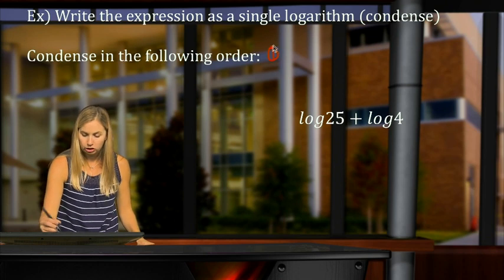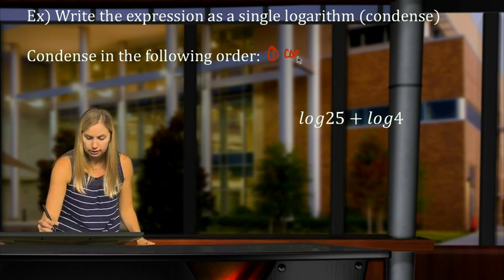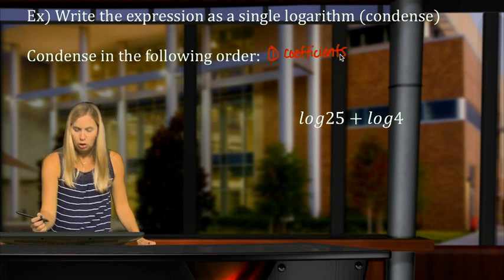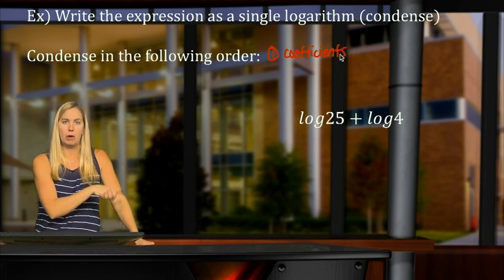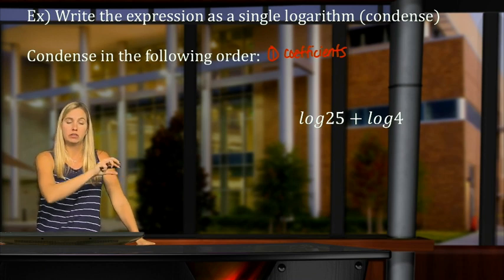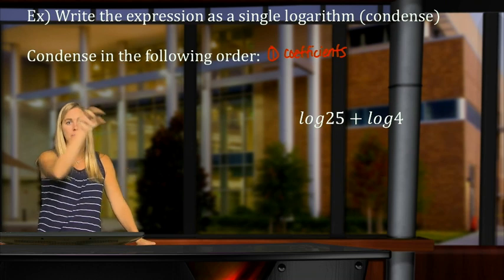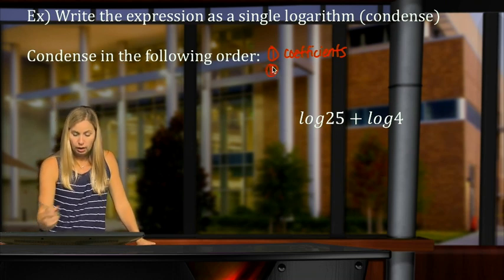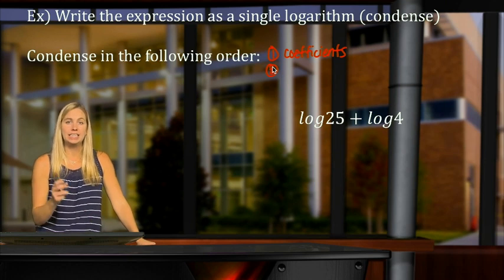So the first thing we're actually going to do is get rid of our coefficients, which is what we were talking about when we expanded the exponents. The exponents came down as coefficients. So now when we're condensing, we're going to take our coefficients first and make them all exponents. Then you want to condense any addition.